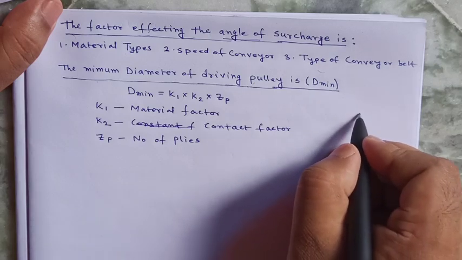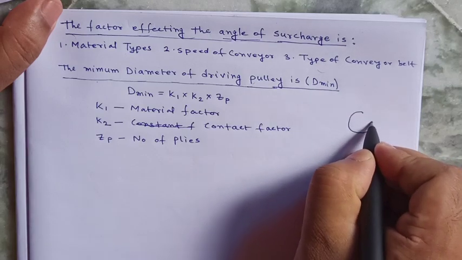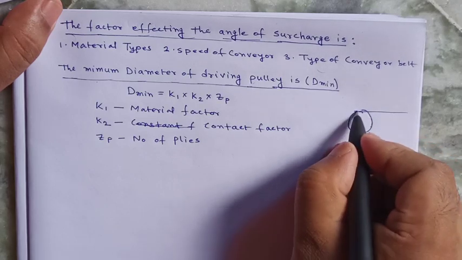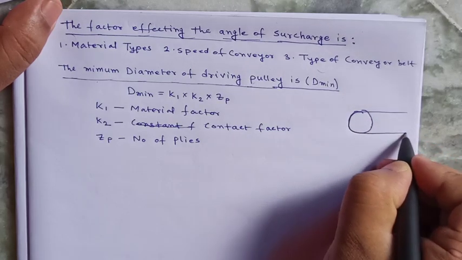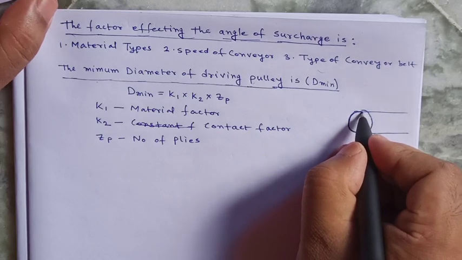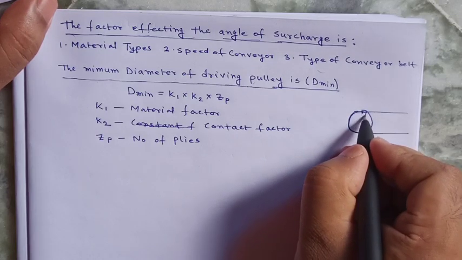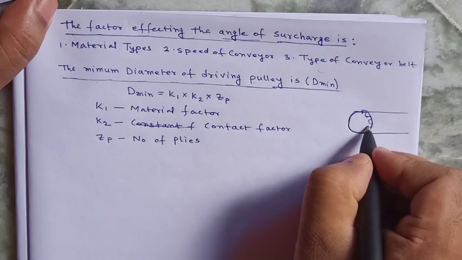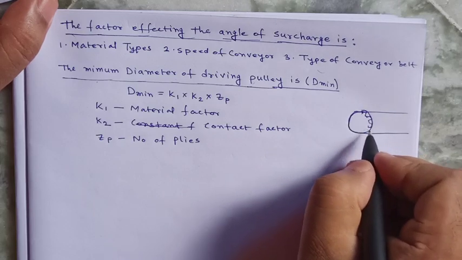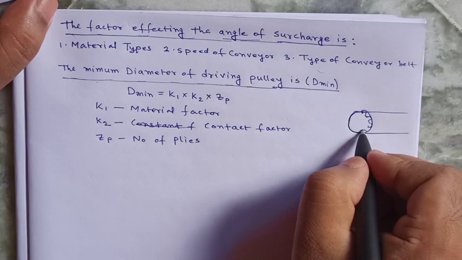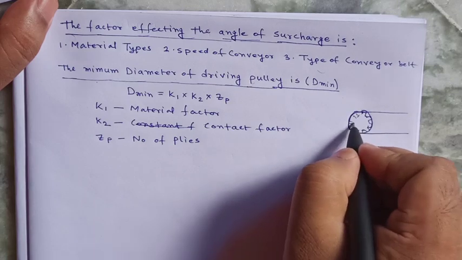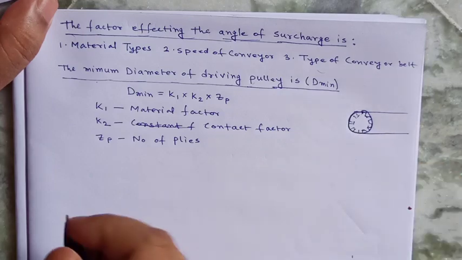That is, if this is the pulley, then this belt is arranged with it. It may be plies like that. So what is the number of plies present with it? That is called the number of plies.